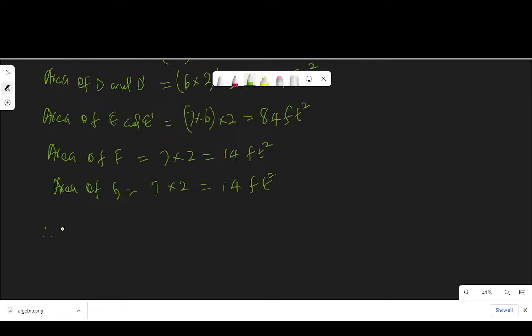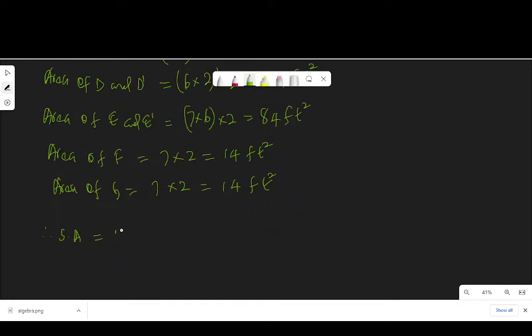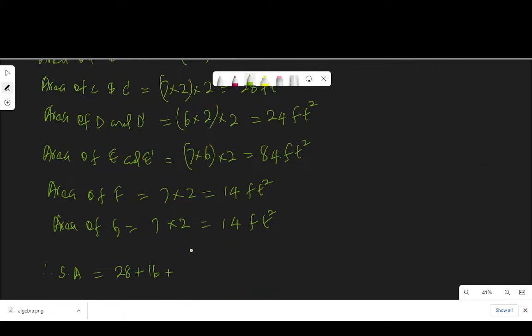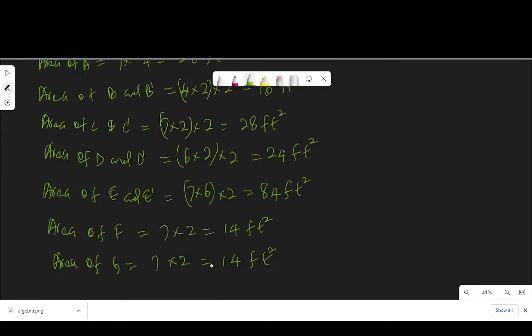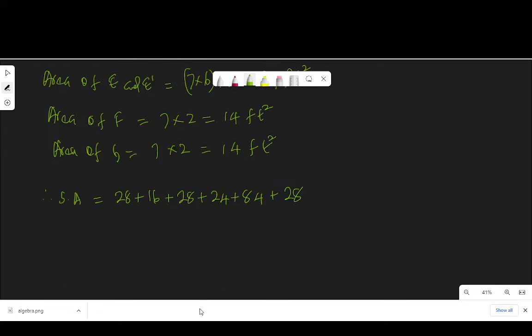Therefore, the surface area of the shape will be 28 plus 16 plus 28 again plus 24 plus 84 plus 14, let me just put 28 again. So adding these numbers together, let me use a calculator.